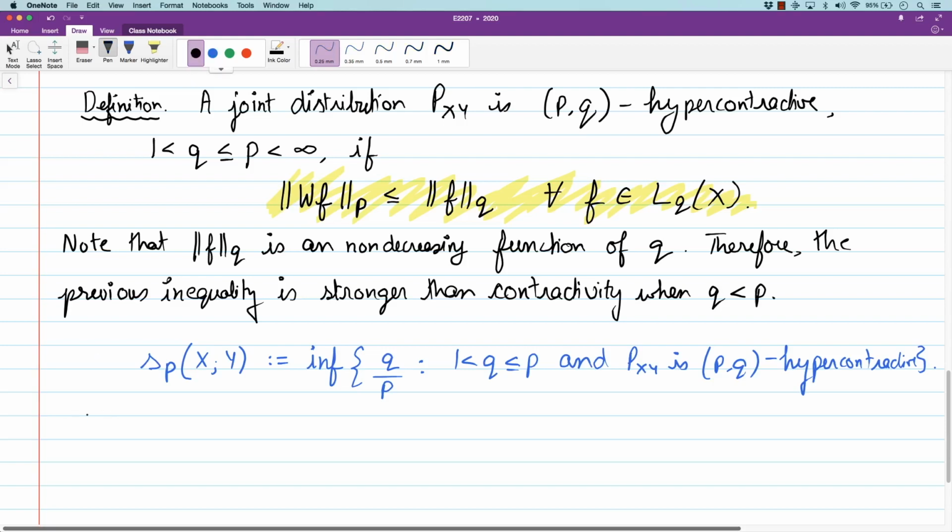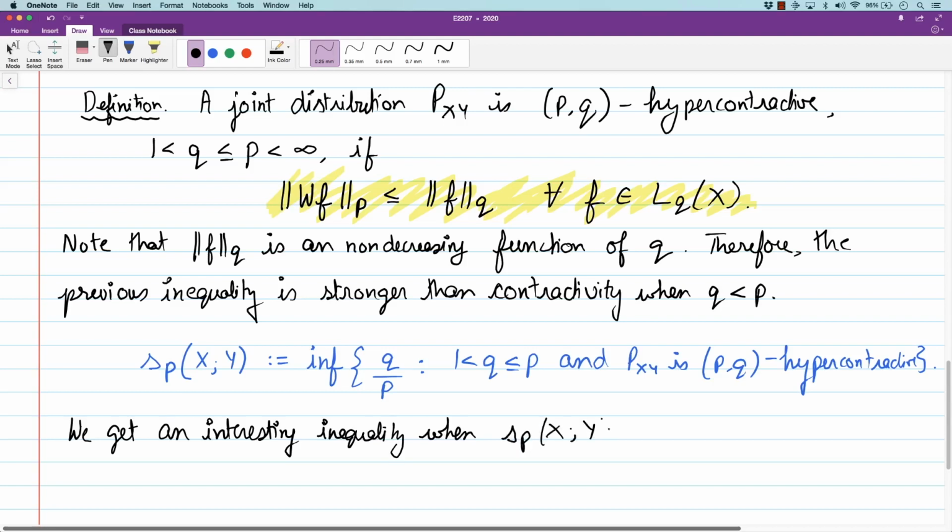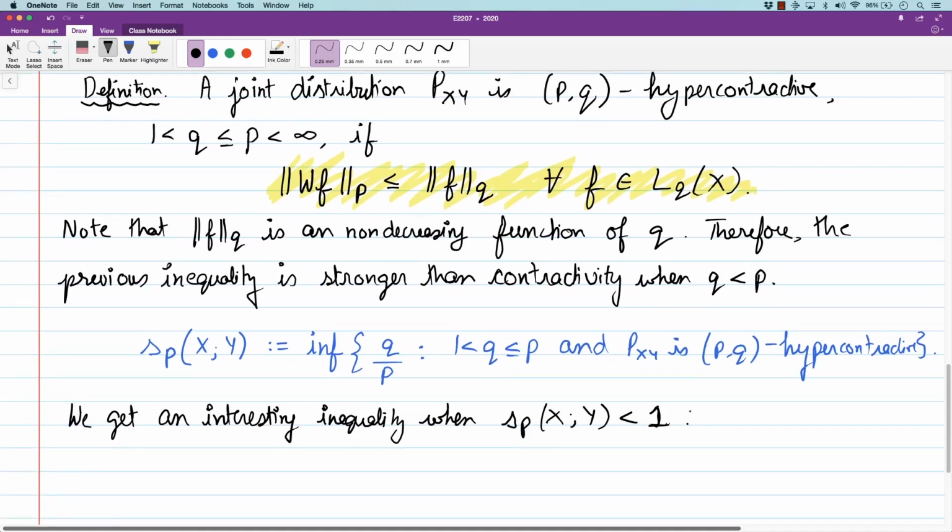And the point is that we get an interesting, more than interesting actually, inequality when SPxy is less than 1. Can you make it strictly smaller than 1?